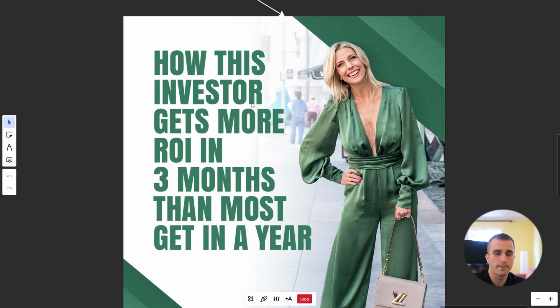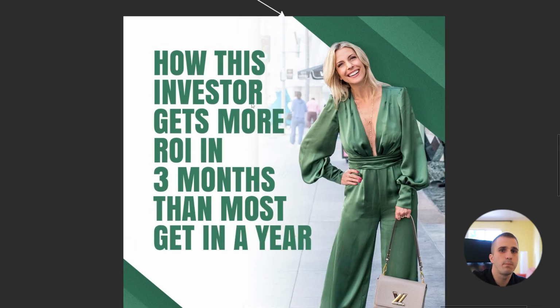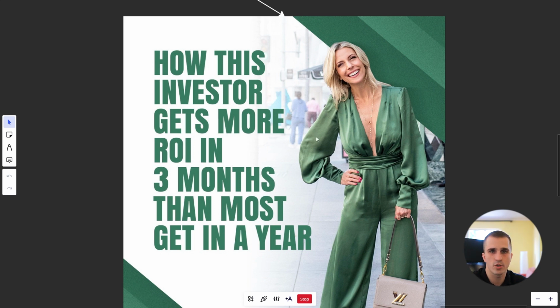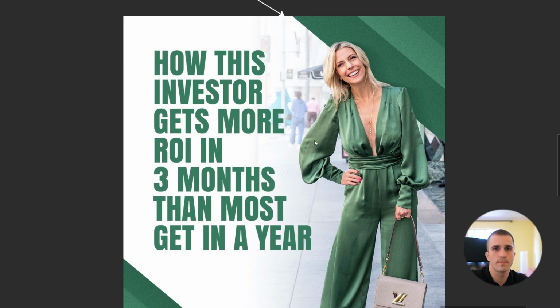And the proclamation that they have here really sparks curiosity in the visitor's mind, so they want to know how this investor really gets that higher ROI in 3 months than somebody gets in a year. They can learn about some secret or something that will potentially improve their life.